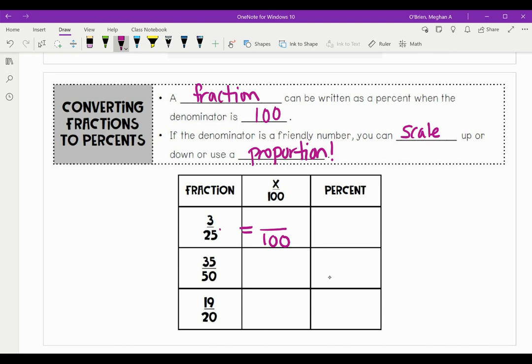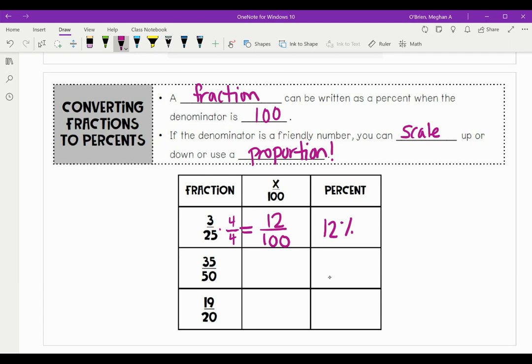Like, how much is this thing kind of scaling up? Just like we did with all those equivalent rates and all those tables we looked at, it's all about multiplication and division relationships. Well, I know 25 times 4 is 100. So I'll do the same to the top, right? Making sure it's equivalent. And 3 times 4 is 12.